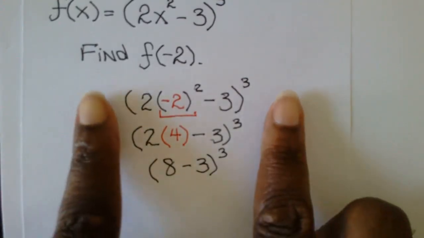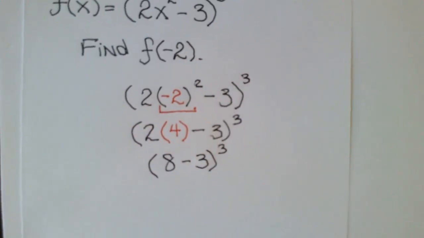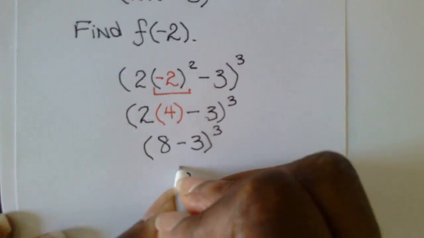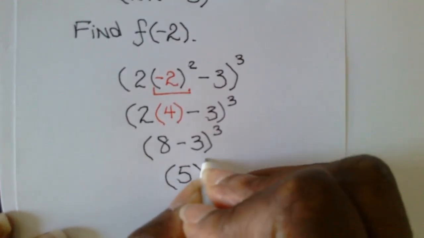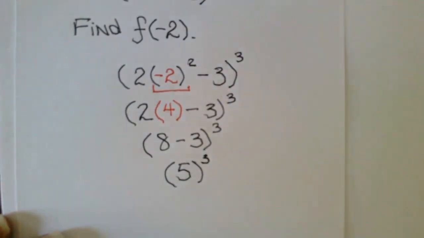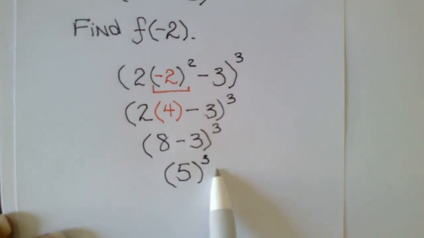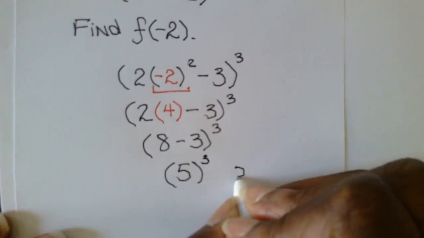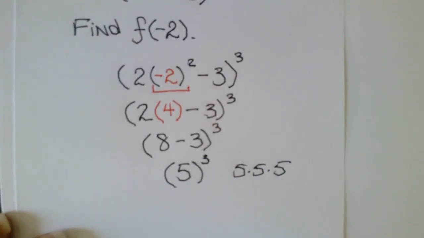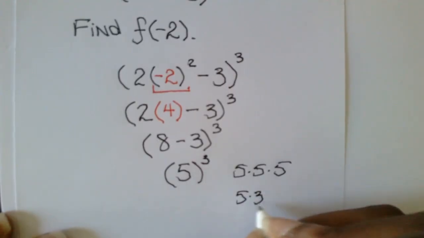See how everything is starting to narrow down, almost like a funnel? Now we have 8 minus 3, which gives me 5. And we are going to cube that 5. I know we're not super used to seeing cubes, but 5 cubed is the same as saying 5 times 5 times 5.